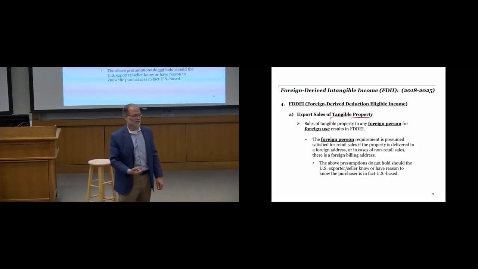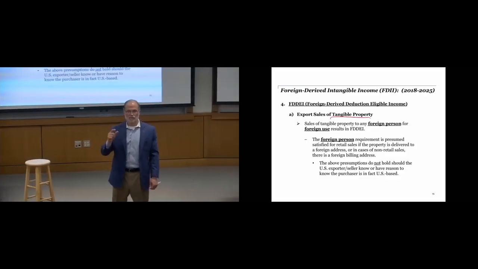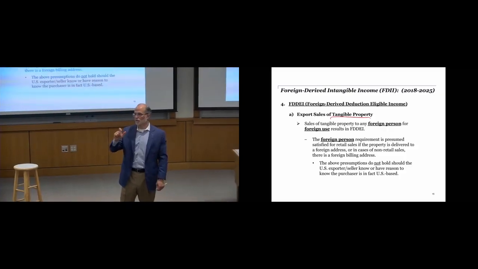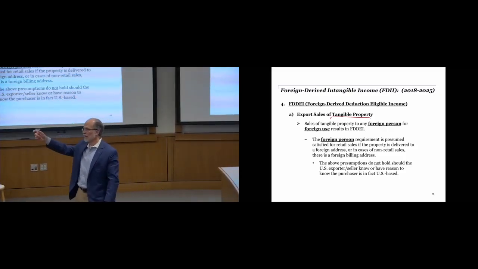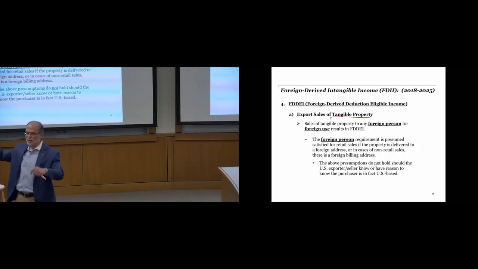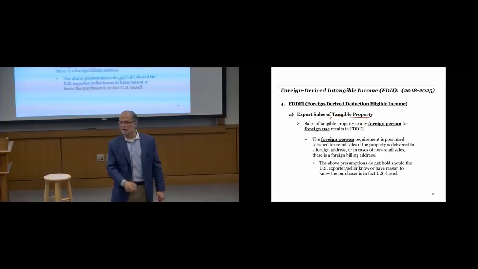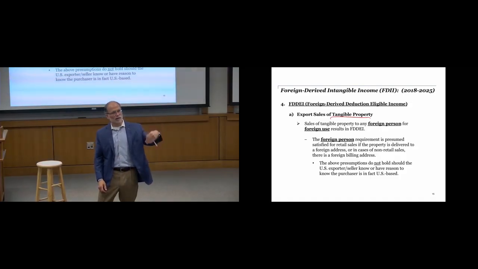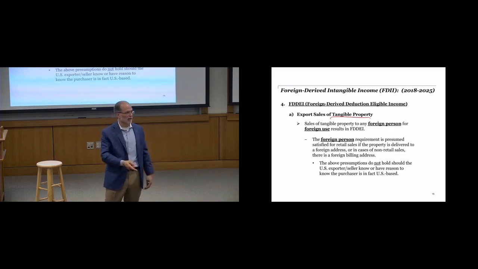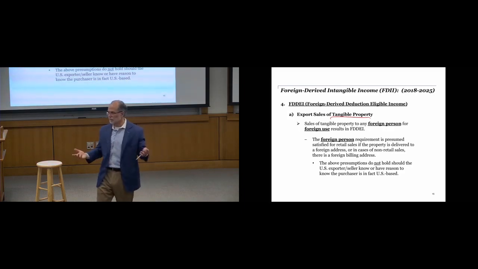A piece of tangible property is ultimately going to reside back in the United States. What if I sell that to a, quote, foreign person who then sells it back into the United States? Did I inappropriately provide a lower rate of tax, 13.125, than if I'd have done the transaction directly and sold it US to US, which would have been taxed at 20%?